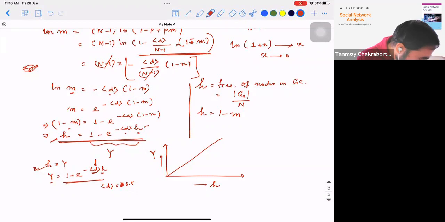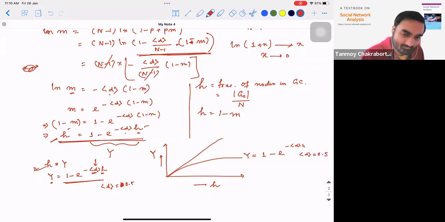Okay, and you see that the curve would look like this. So this is h, this is y equals 1 minus e to the power minus d h, where mod d equals 0.5. If you plot it, you see the curve looks like this.